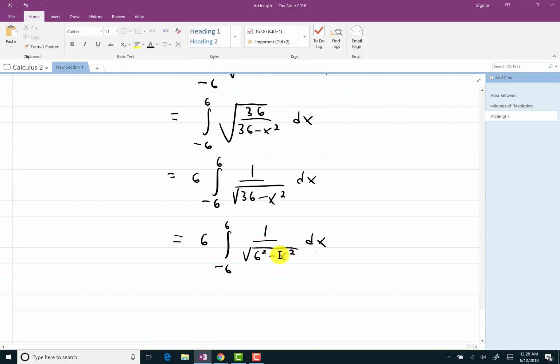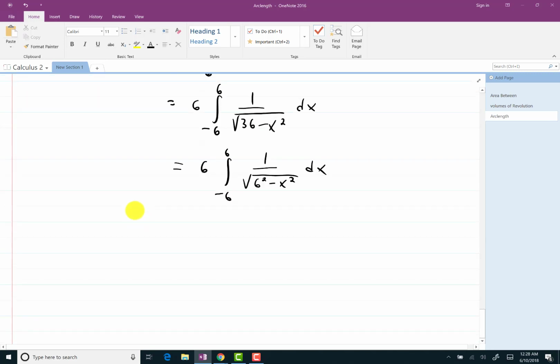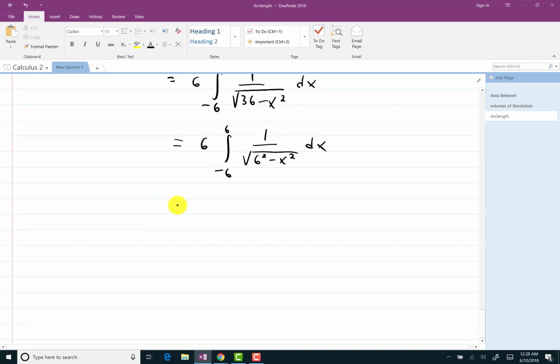But you should have remembered, there's a 6 out front, that this guy right here was 1/6 arcsine of x over 6. And that extends from -6 to 6.